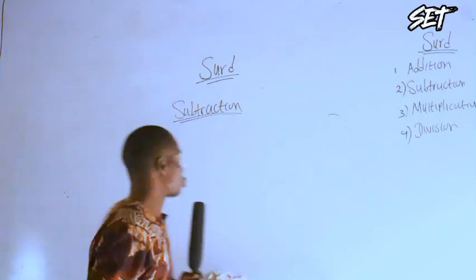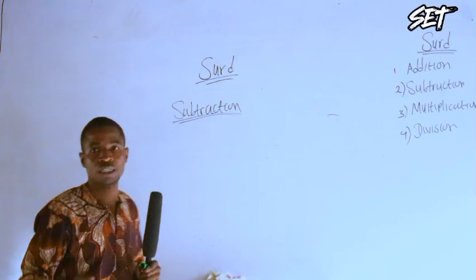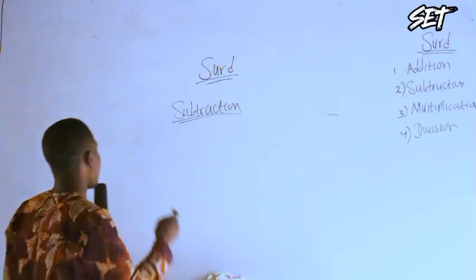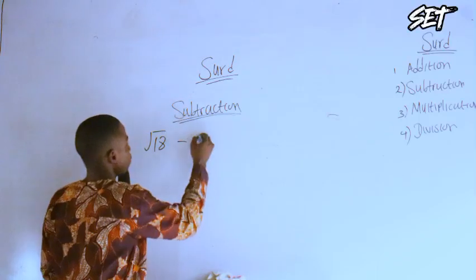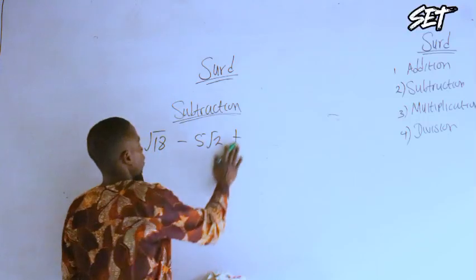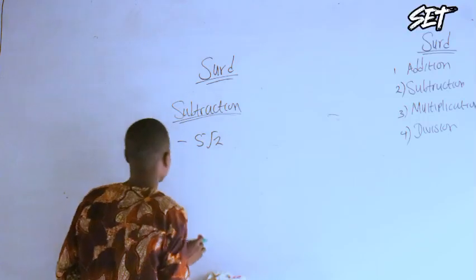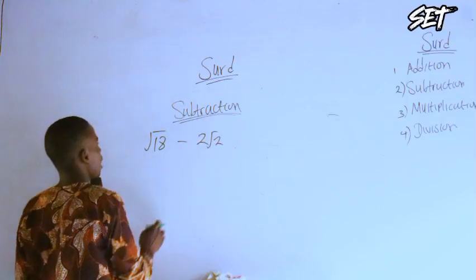What do we mean by subtraction in surd? It's still the same thing. Like when we have root 18 minus 2 root 2. Now, how can we do this one?